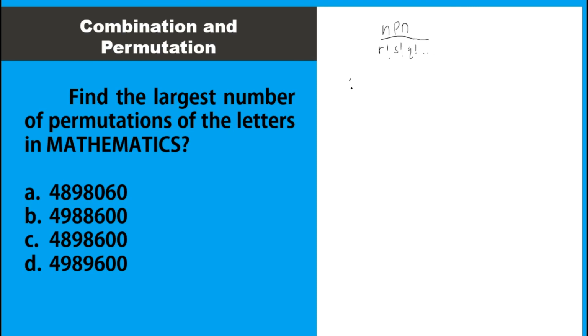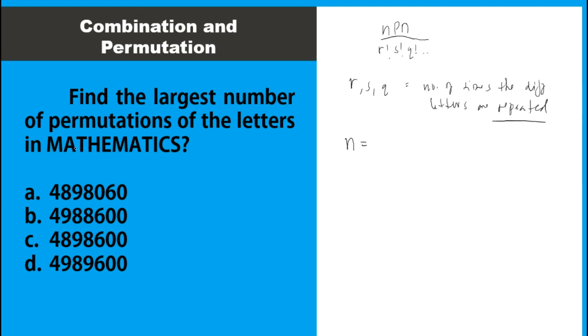So r, s and q are the number of times different letters are repeated. That means that for this problem, we have n as, so that is 1, 2.